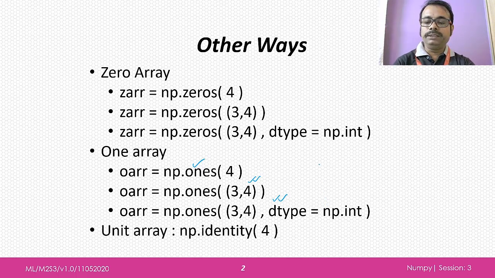Now there is another one, which is the identity array. This will be an identity matrix. Now you know that an identity matrix will always be square, so you have to supply only the square matrix dimension. It will be 4 by 4. So let's see how this identity works.